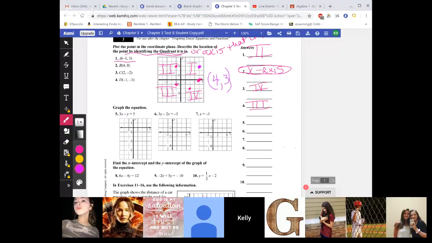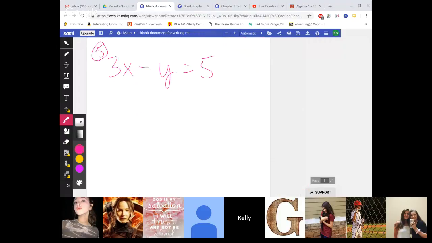Then I'm going to go ahead and move back to 3x minus y equals 5. Okay, we've learned primarily 3 ways to graph. The very first one that we learned was an x and y table, and that's where we pick 3 values for x. And the reason why we pick 3 values for x is our independent variable.